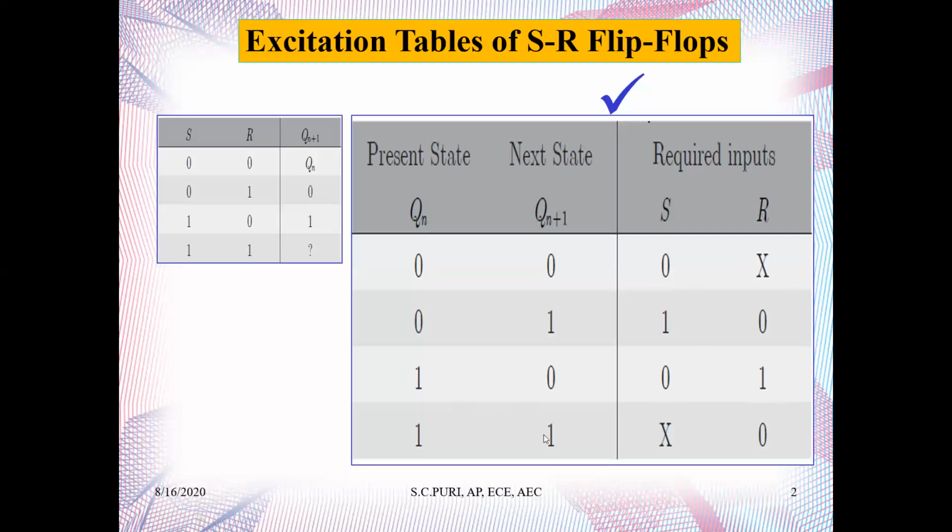From 1 to 1, it can be either no change, that is 0, 0, or it can be set, that is 1, 0. So in this condition it will be don't care, 0. Either S is 1 or 0, whatever it will be. And if R is 0, the next state is bound to become 1 if Qn is 1.